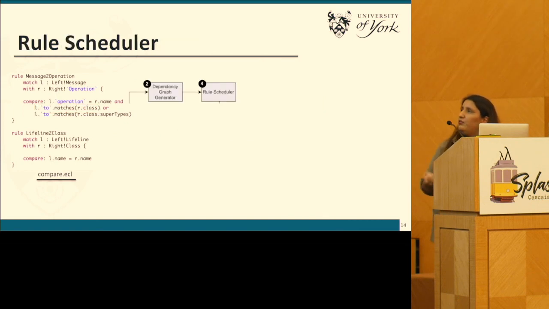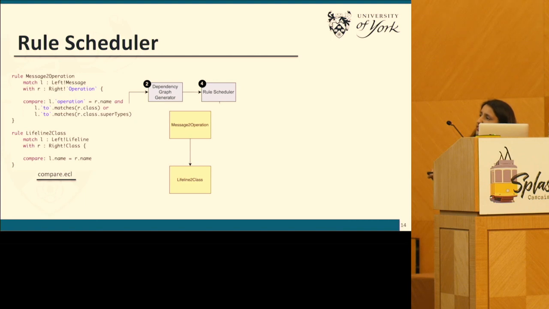In the second bit, we have a rule scheduler. So the rule scheduler takes in the input from the dependency graph generator and schedules the rules accordingly. So for instance, here, this lifeline to class rule is independent, and message to operation rule is dependent on this rule.